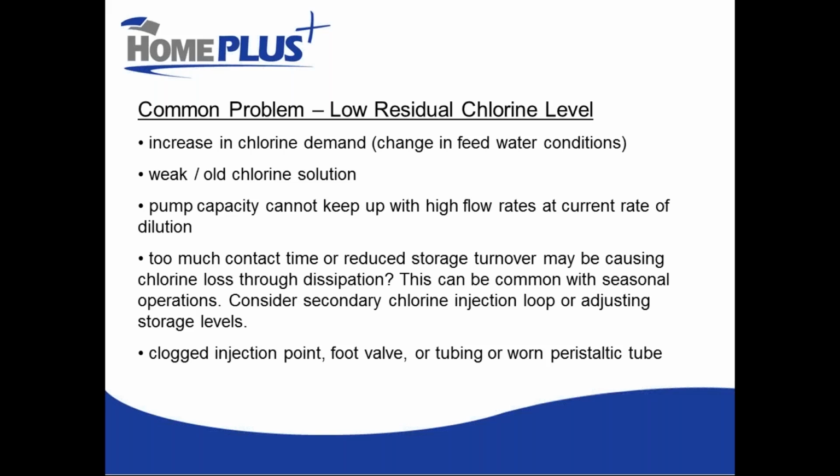In these cases, you can either adjust your storage levels seasonally to compensate, or you can put a secondary chlorine recirculation loop on your reservoir with a secondary chlorine pump that tops up the chlorine anytime it's running low in the reservoir. That's a very common problem in BC because we have a lot of recreational type properties.